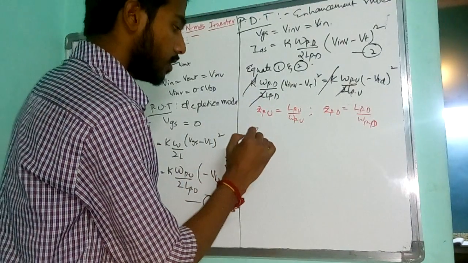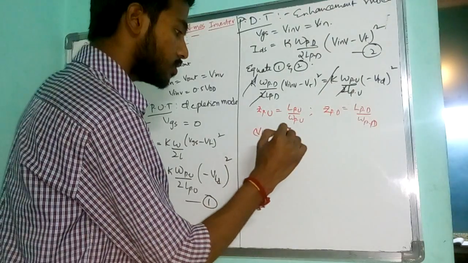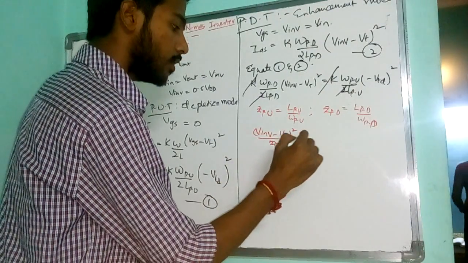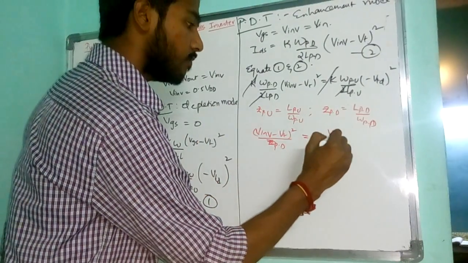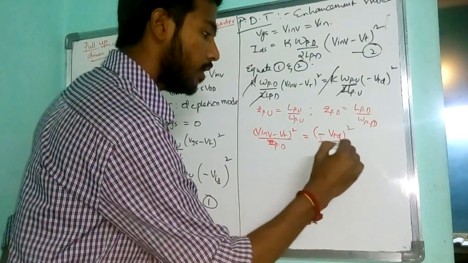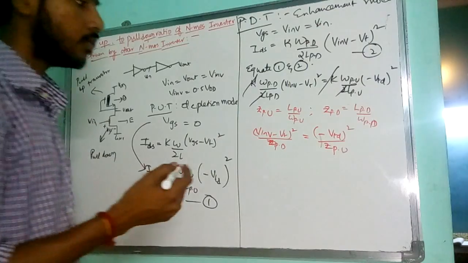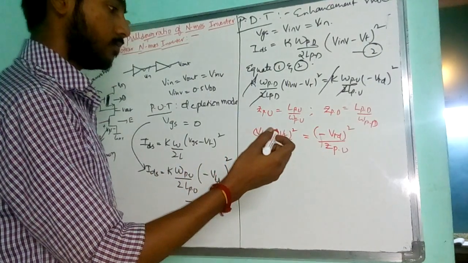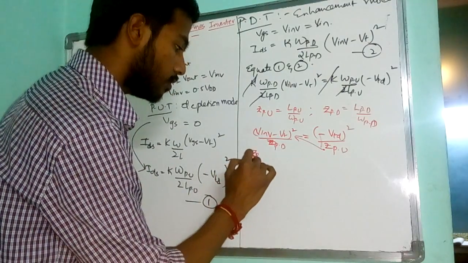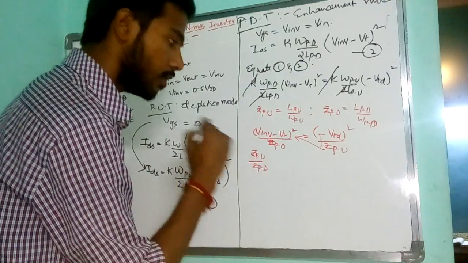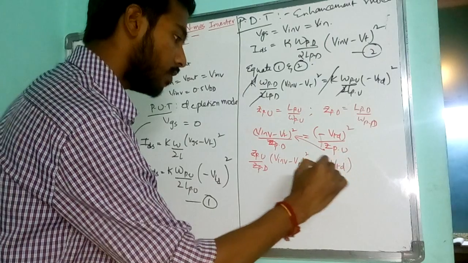Now this becomes V inverse minus VT whole square by ZPD is equal to minus VTD whole square by ZPU. Cross multiply, we have ZPU by ZPD into V inverse minus VT whole square is equal to minus VTD whole square.